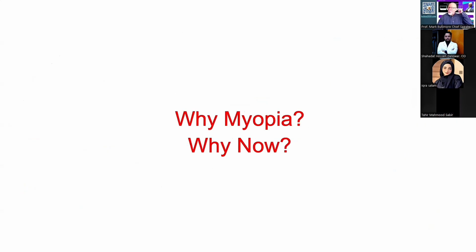So why myopia? Why now? Because when I was studying optometry, we regarded myopia as a somewhat benign refractive error that we would treat with contact lenses and glasses, and perhaps more recently with laser refractive surgery. But things have changed for a number of reasons.